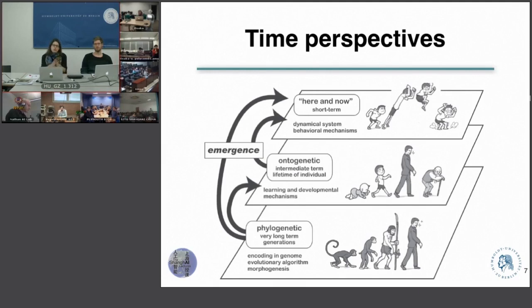And if we go to an even longer perspective, we are in the phylogenetic perspective, and that's evolution. That's very long term, of course, up to millions of years in natural evolution. And here we consider different generations. So that's what we look into today, the evolutionary perspective.